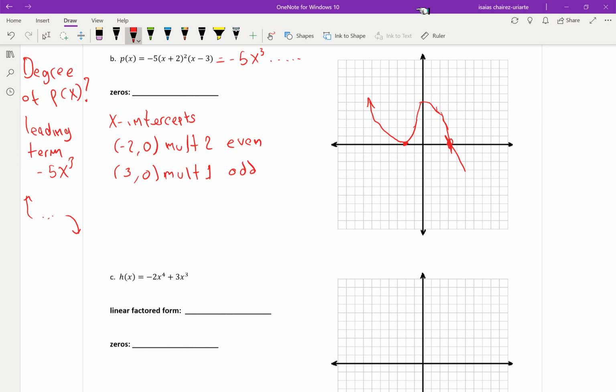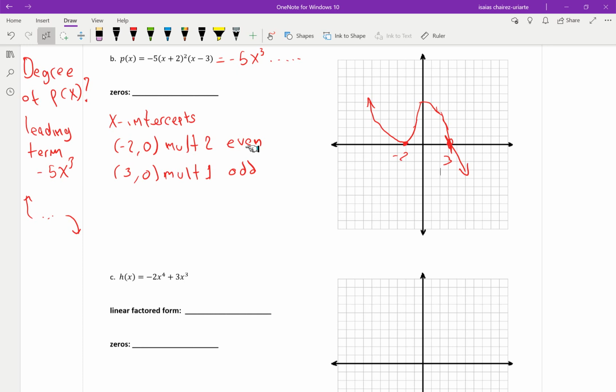Sorry, it's difficult to draw straight lines when you're at an angle on your computer. That's why my lines are so sketchy. So this is negative 2, and that's 3. I think that captures the overall idea of the polynomial. This is not a very accurate graph, but it serves the purpose.